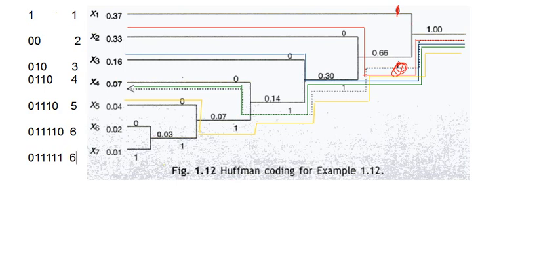Okay. So, now the code word lengths are 1, 2, 3, 4, 5, 6, 6.